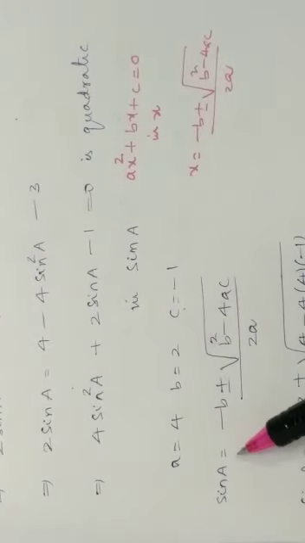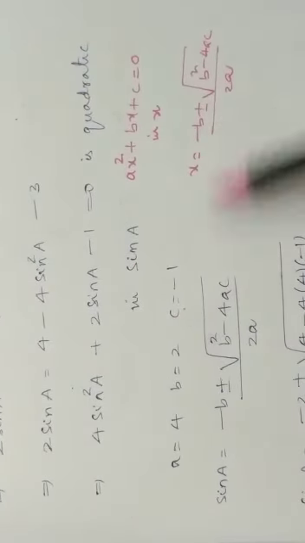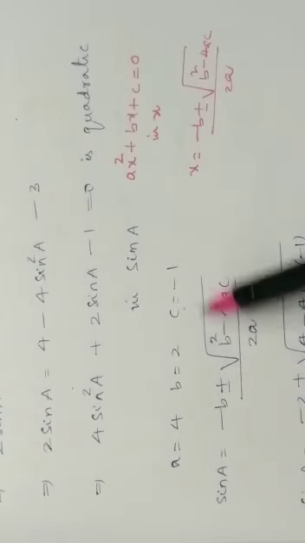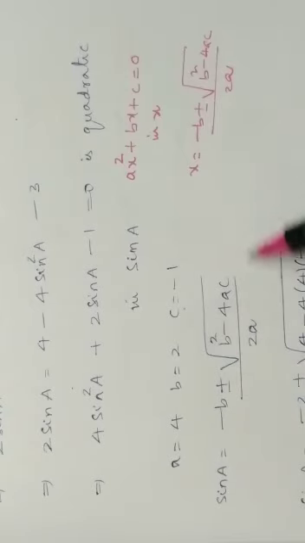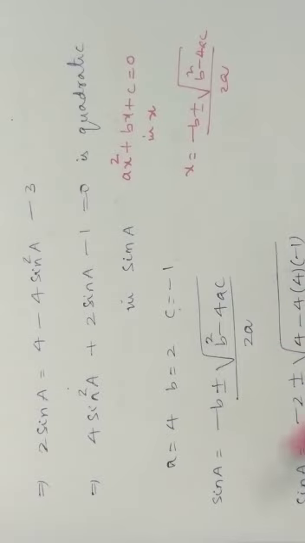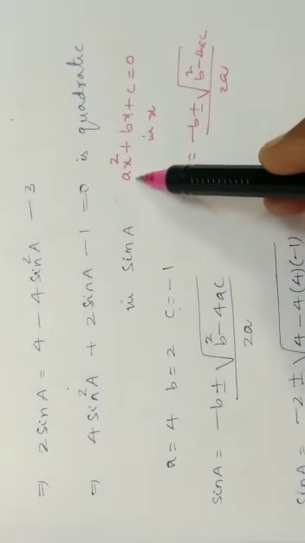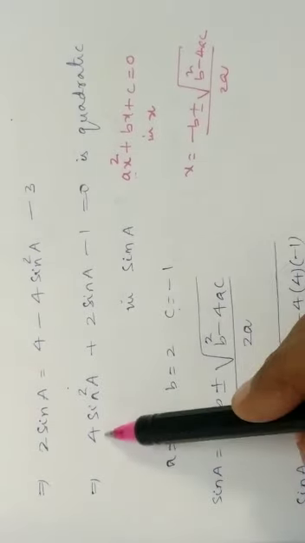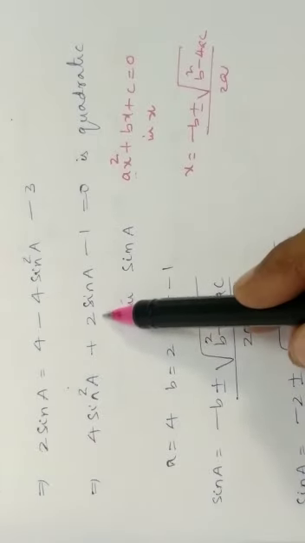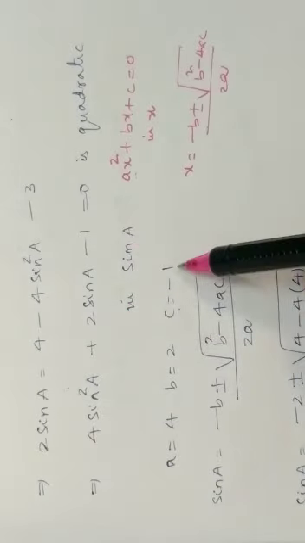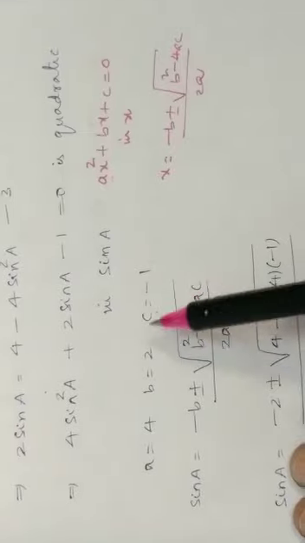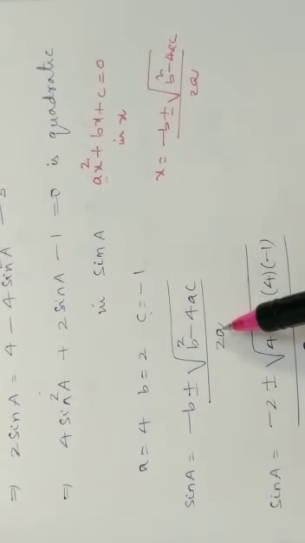So, sin A equal to the formula minus b plus or minus root over b square minus 4ac by 2a. Compare. What is a? a is 4. b is 2. c is minus 1. Now, replace these values in the formula.